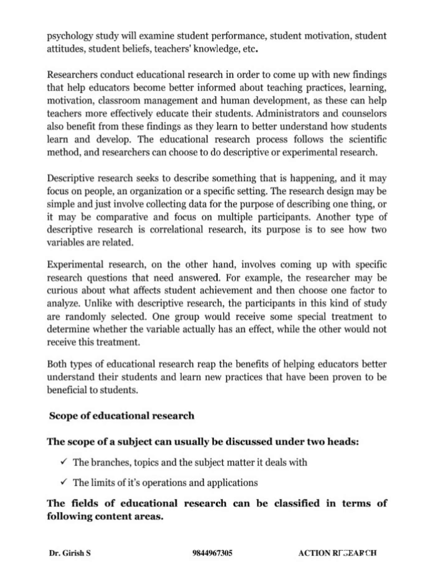One group would receive some special treatment to determine whether the variable actually has an effect, while the other would not receive this treatment. Both types of educational research reap the benefits of helping educators better understand their students and learn new practices that have been proven to be beneficial to students.